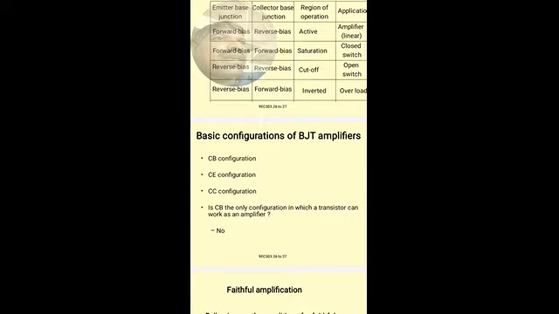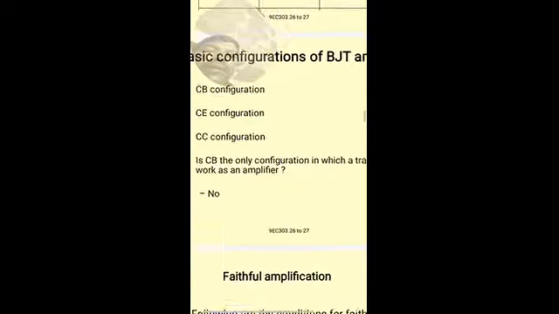So accordingly the transistor can work in three configurations: common base configuration if the base is common, common emitter configuration if the emitter is common, and common collector configuration if the collector is common.